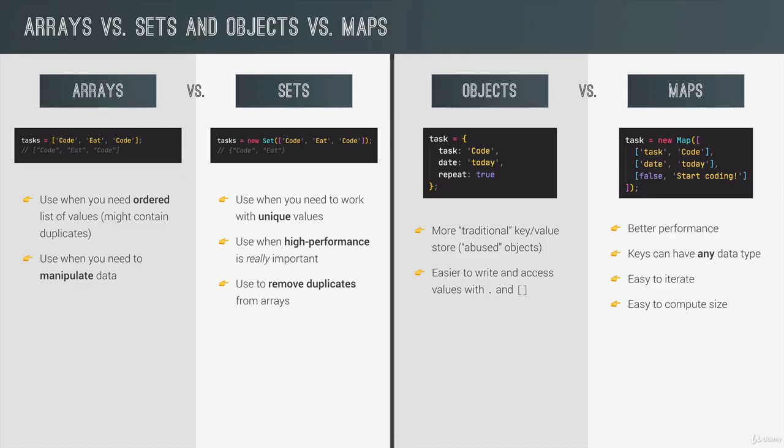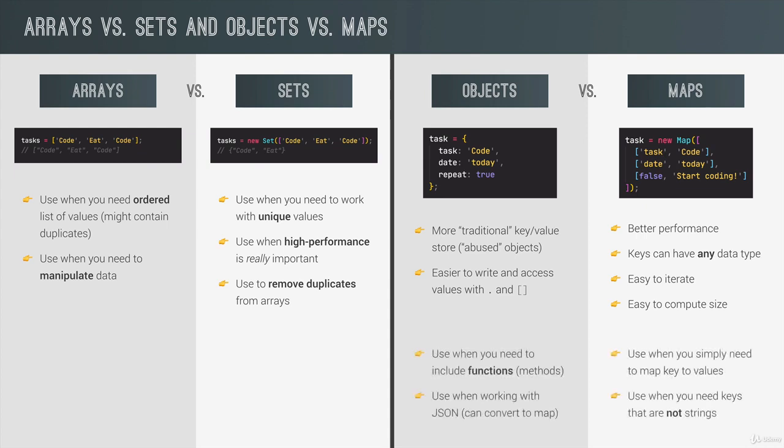However, the biggest advantage of objects is probably how easy it is to write them and to access data by simply using the dot or the brackets operator. Also, most developers are already super used to objects, and so they simply keep using them for simple key value stores.